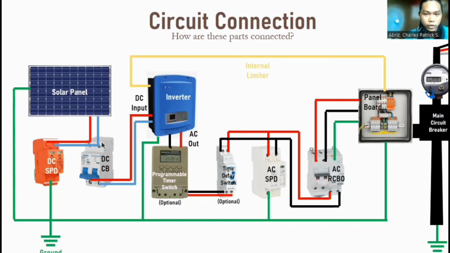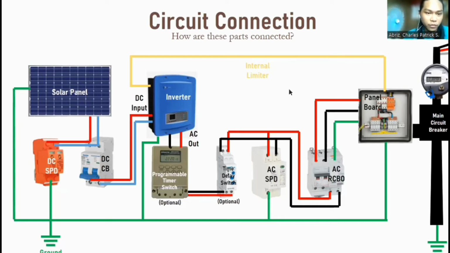Now, the circuit breaker is then connected in parallel to the DC surge protection device, which is then connected to the ground. On the AC side of the circuit, the spare circuit breaker inside the panel board must be connected to the input of the RCBO, which is what we have right here.